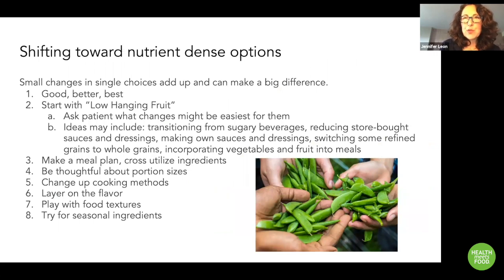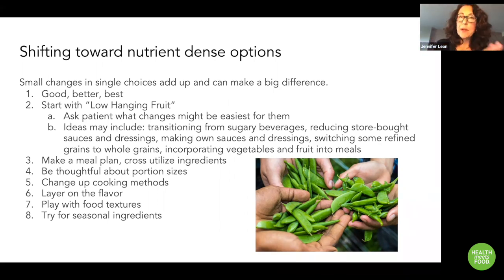So how do we shift towards nutrient-dense options as we're describing them with our patients? So the first is to think about, as you're helping your patients progress from where they are to where they're going, you want to meet them where they are and consider, as you're giving them ideas and talking with them about them generating their own ideas, to think of good, better, and best.